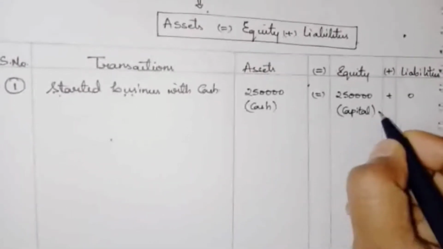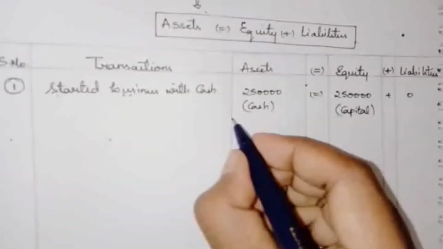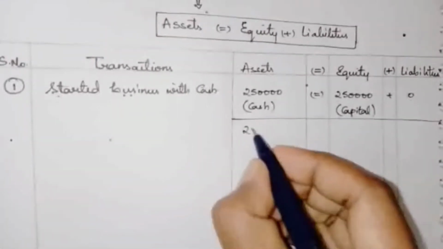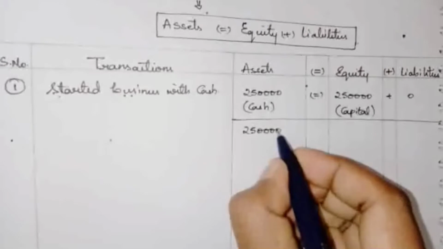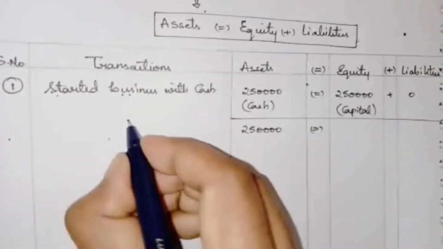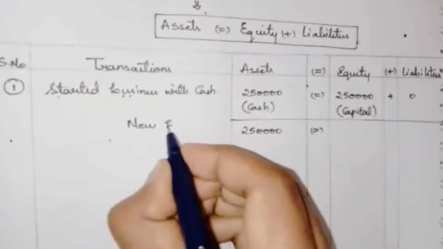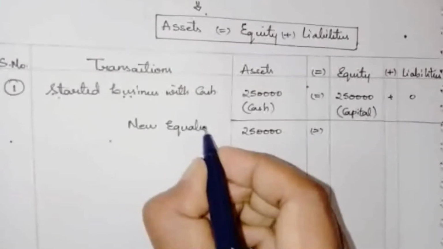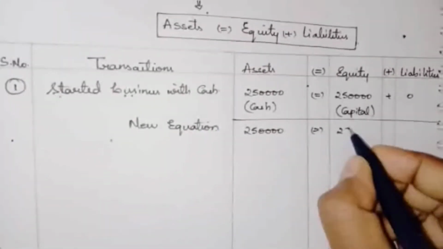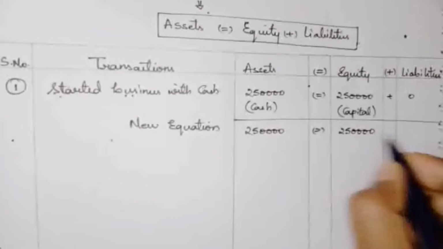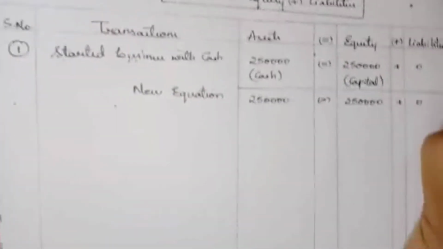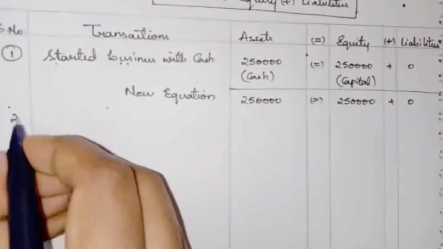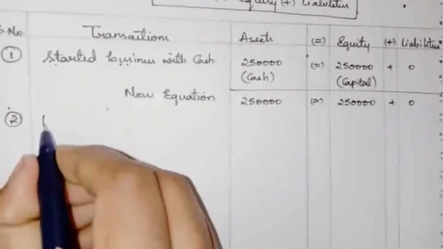In exam you need not write these things. 2,50,000 is the capital, that is in the equity. Total the columns as usual: 2,50,000 assets equal to 2,50,000 equity. Name the column as new equation. Liability 0.